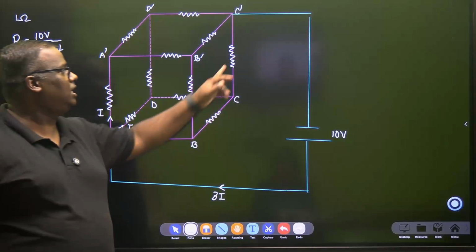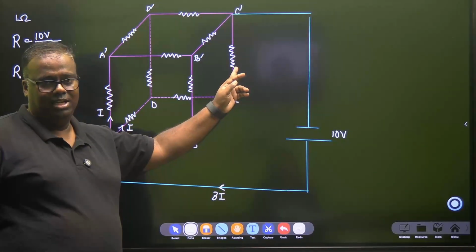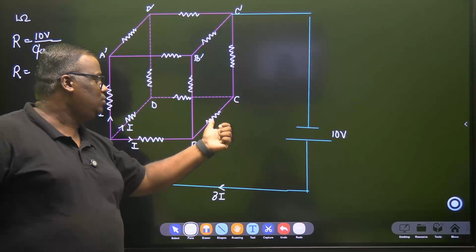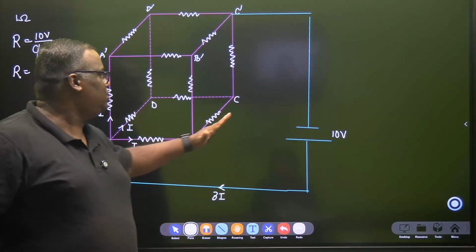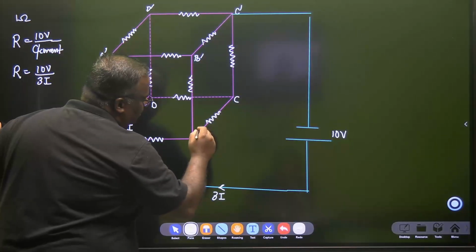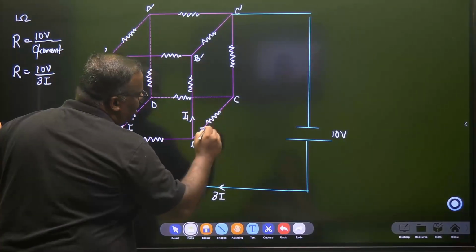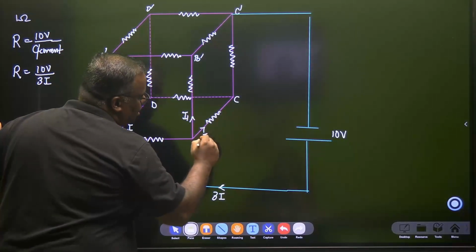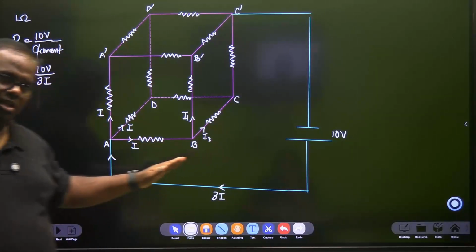Both resistors are connected in series. Each is 1 ohm, and I current is only flowing. I has come here, and then let's say this current becomes I1, and this current becomes I2. Clear?